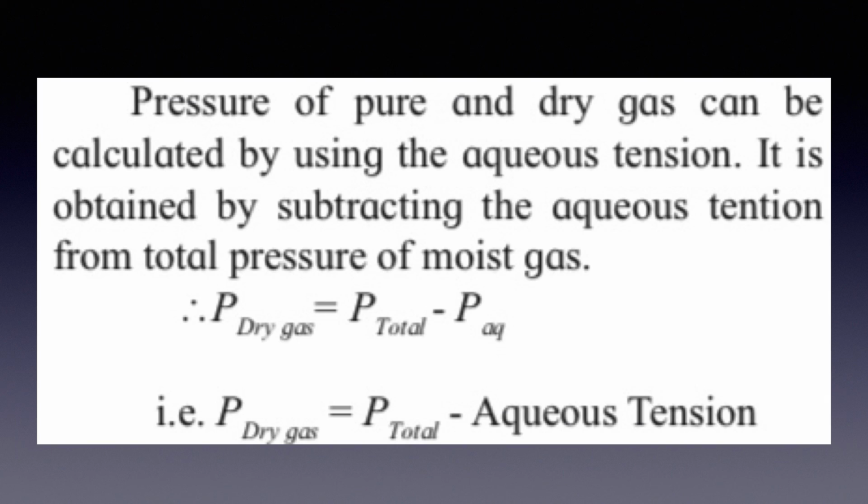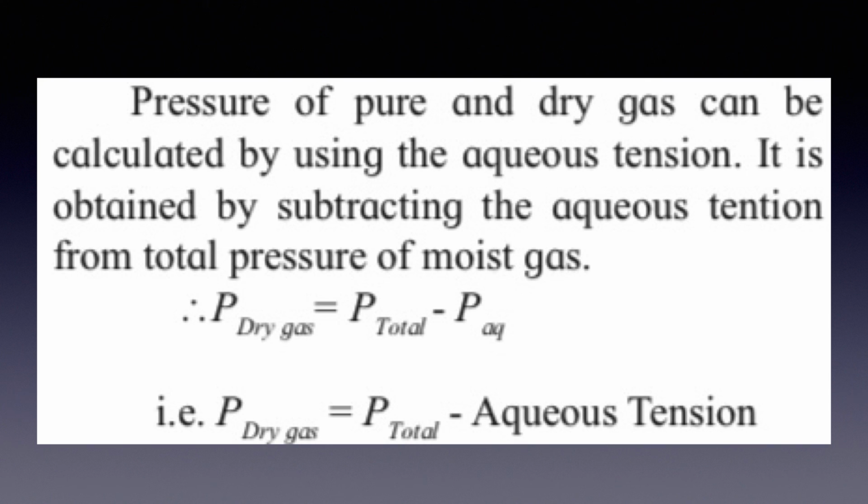Okay, so we can easily find out the pressure of that gas, which we can call dry gas, by subtracting the aqueous tension from the total pressure. Okay, so that is what is written. The pressure of pure and dry gas can be calculated by using the aqueous tension.